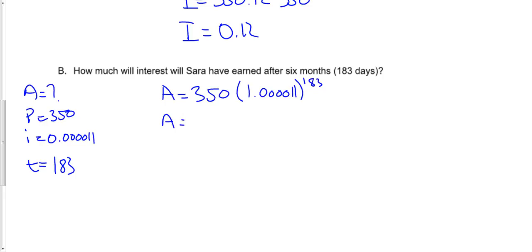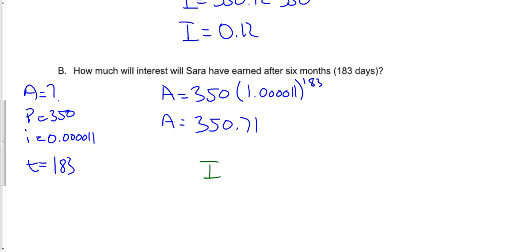Again, if I calculate this, 1.000011 to the exponent 183 times 350. So after 6 months, she will have $350.71.